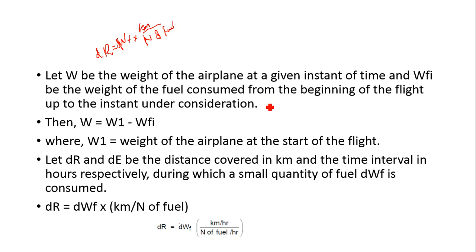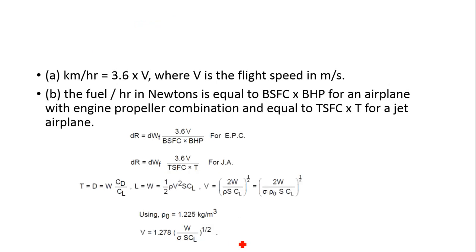So for an hour we can cancel like this, kilometer per hour in newton of fuel per hour. Kilometer per hour we can put as 3.6 into V, that will be in meter per second. So 1 kilometer per hour equal to 3.6 meter per second.